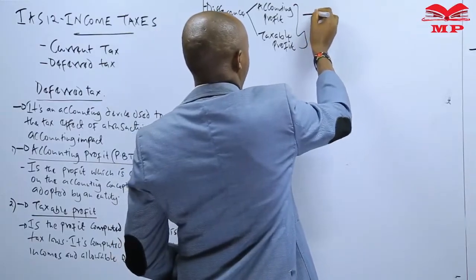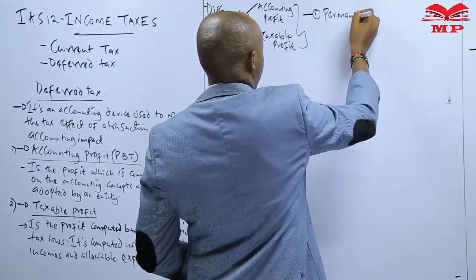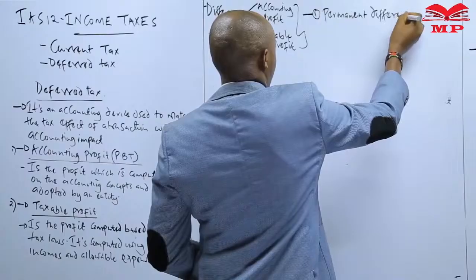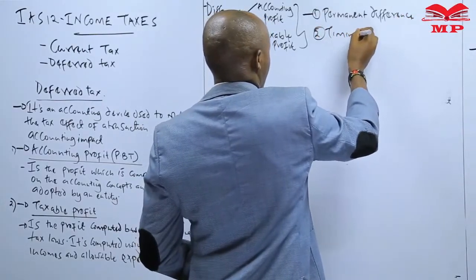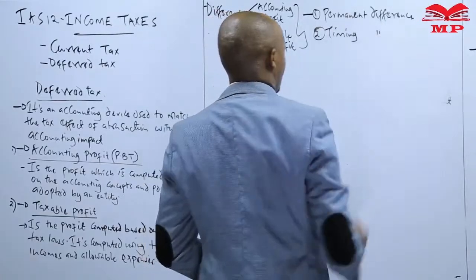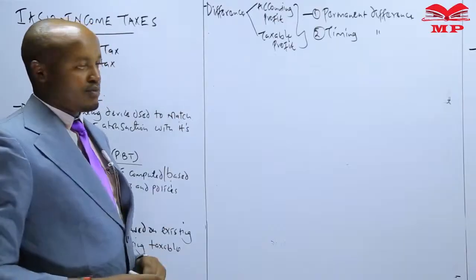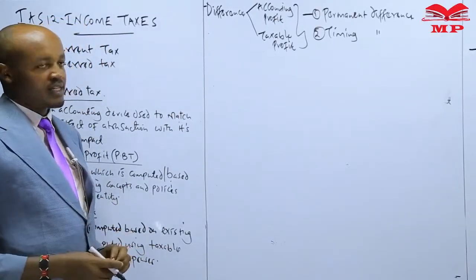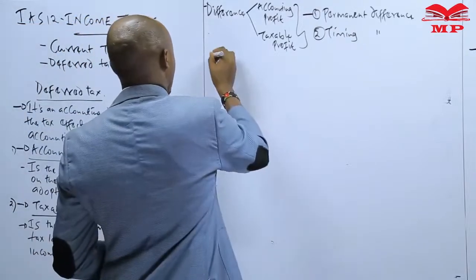One, we have what we refer to as the permanent difference, and number two, we have what we refer to as the timing differences. So that difference between the accounting profit and taxable profit may either be a permanent difference or a timing difference. Now, we need to know the meaning of those two terms.